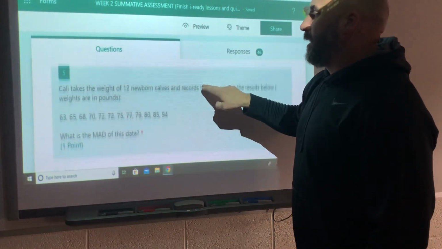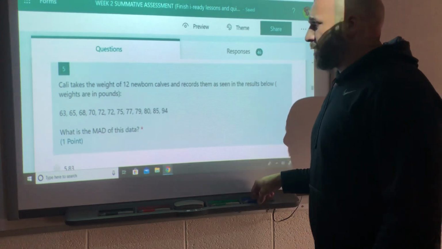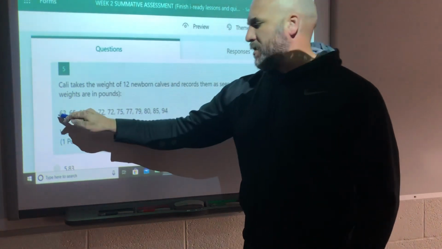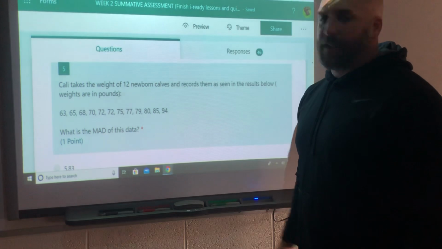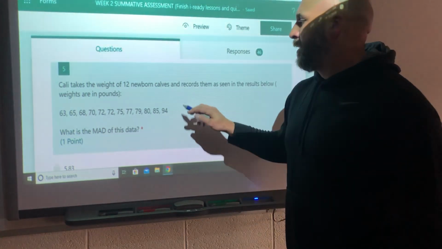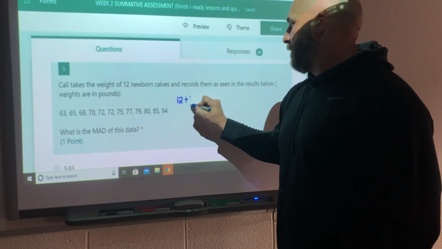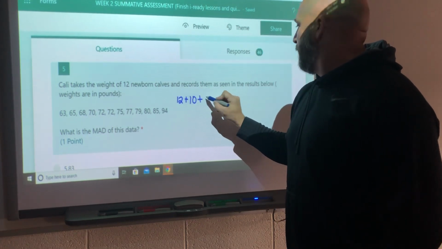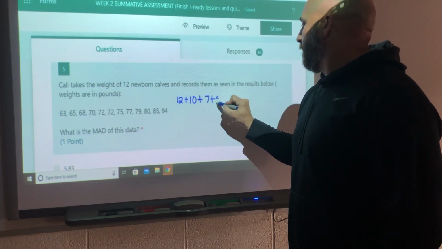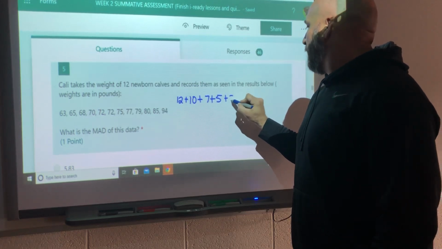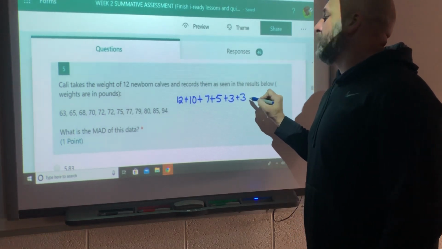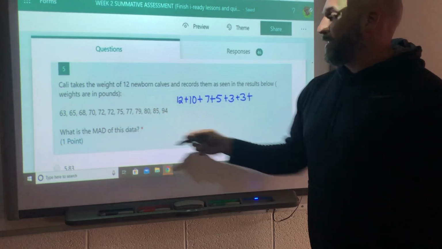All right, we're going to use that same information to find the MAD. So subtract each of these from 75, take the absolute value or the positive value. 75 minus 63, we're going to get 12. 10 for the next one. 7, 5, 3, 75 minus itself 0.